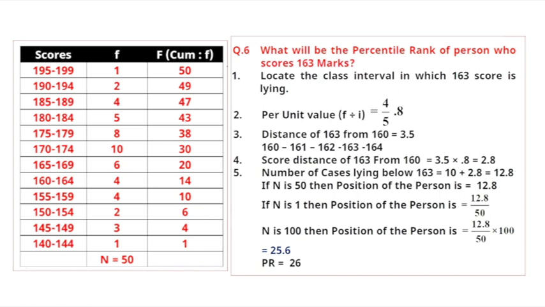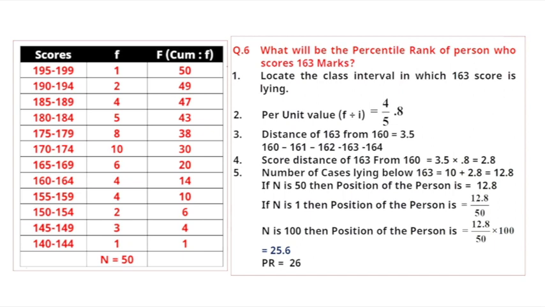How many students are below 160, from 144? Now, you see these class intervals, 144, 145, 150. How many scores are below this? How many students are there? 1 plus 3, 4 plus 2, 6 plus 4, 10. We have calculated 10. So, we already have 10 students who are less in value than 160.